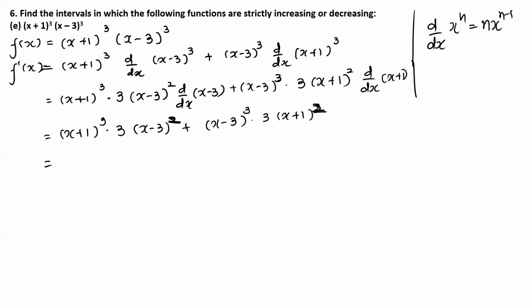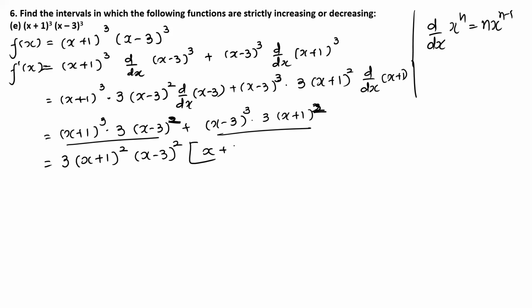Let's take some common factors from these two terms. 3 is common. X plus 1 square is also common. And x minus 3 square is also common. What is left in the first term? You can see x plus 1 the whole cube, the square is gone, so only x plus 1 remained.